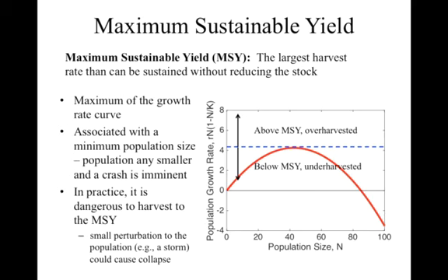So if you're harvesting at exactly the maximum sustainable yield, and any small perturbation, like a storm that kills one fish, or some other guy that's fishing a little bit more next to you, the tiniest loss of one individual fish pushes you below the population size that can recover, and basically you get into this feedback cycle where all of a sudden you're slightly below your harvest rate, and then more below your harvest rate, and more below, and you drop until the population goes extinct.